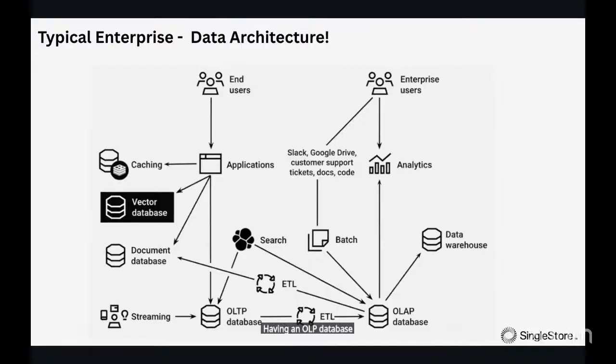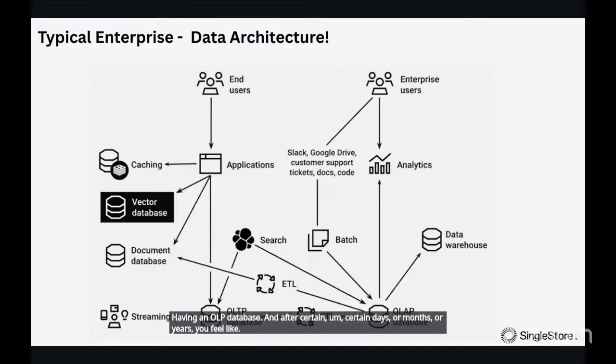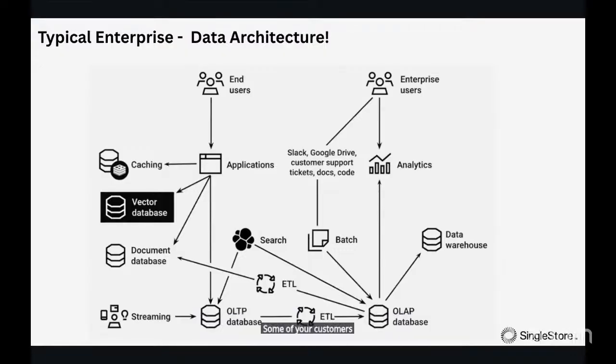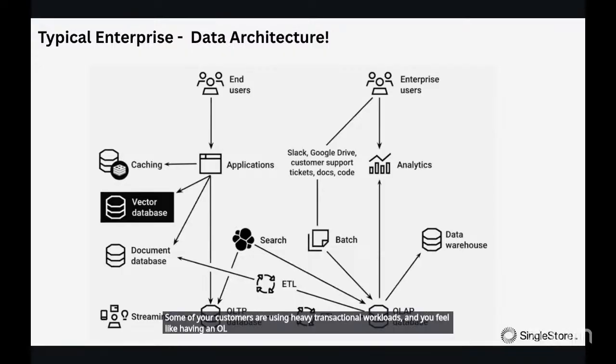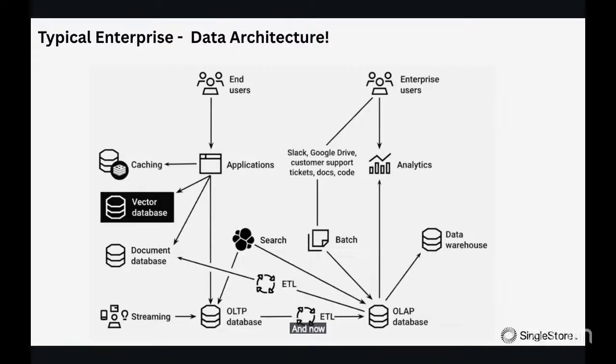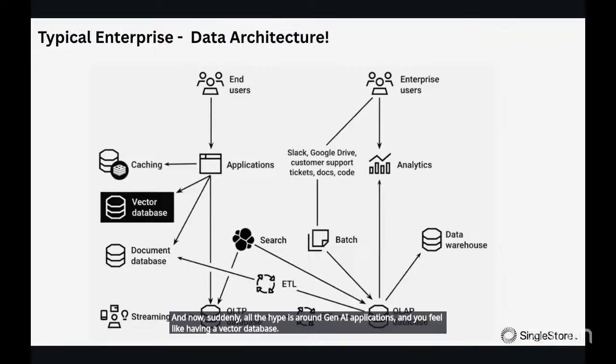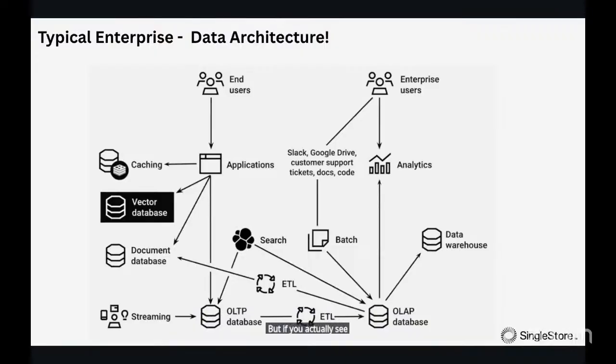After some months or years, some of your customers are using heavy transactional workloads, and you feel like having an OLTP database. And now suddenly all the hype is around Gen AI applications, and you feel like having a vector database. But maintaining all these databases at different levels is very complex for your data architect, any ML or AI engineer, or even the DevOps engineer.